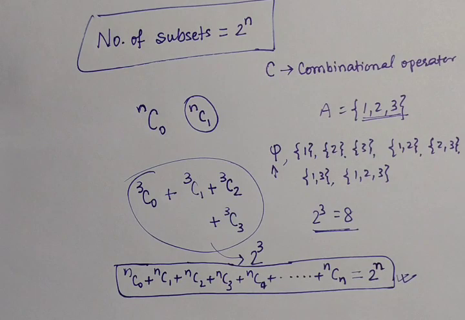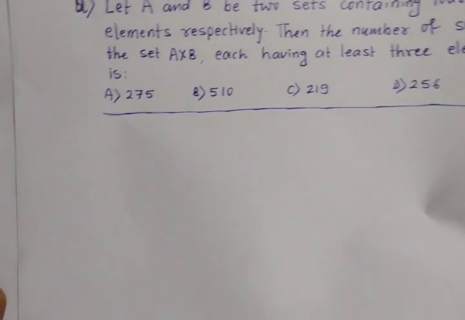But sometimes you will get a question like: find the number of subsets which contain only 2 entries, or at least 2 entries, or at most 2 entries. In such cases, we can use this formula.